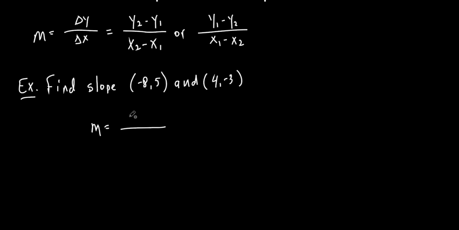Let's go 5 minus what? That's my y. Remember, this is my x1 and my y1. This is my x2 and my y2. So I subtract the y's from each other. Again, it doesn't matter what order, as long as you subtract the x's in the same order. So what is it? Is it 5 minus 3? Minus, minus, very good.